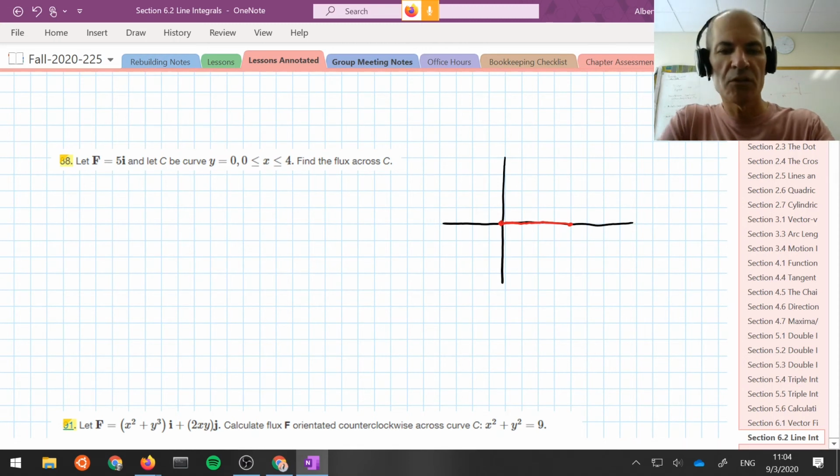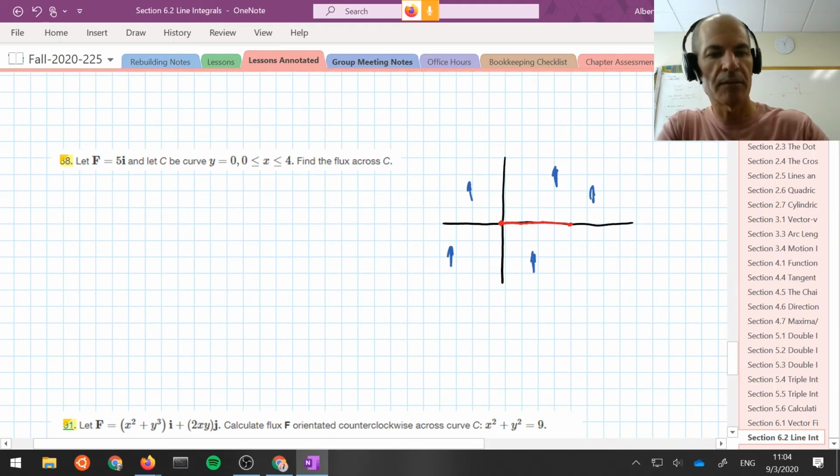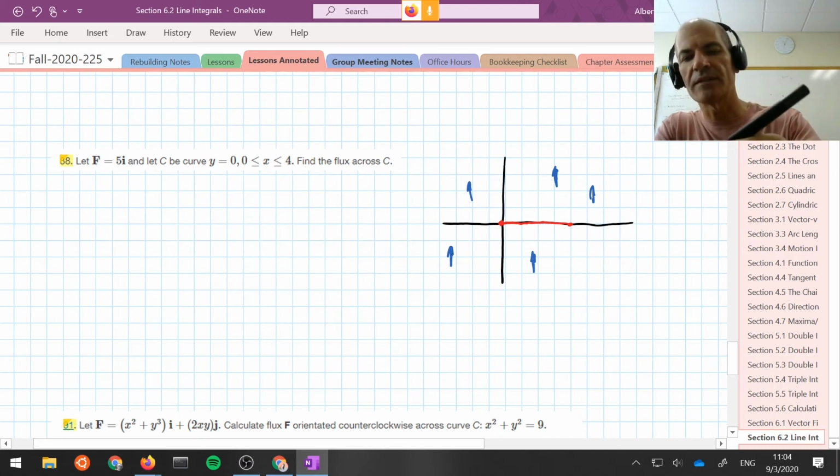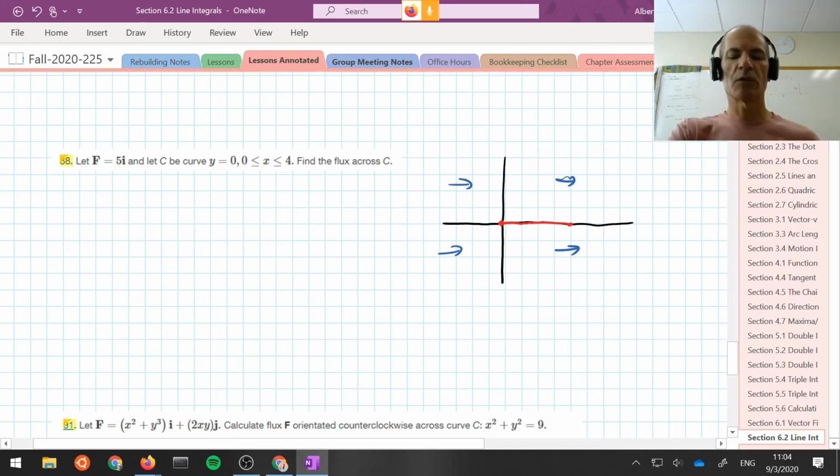We're going to sort of intuitively look at this vector field. How is it oriented? This vector field is really just a bunch of arrows that are all parallel to the x-axis. It's 5i, like this. So if I were to draw this vector field, I would just have a bunch of horizontal arrows.